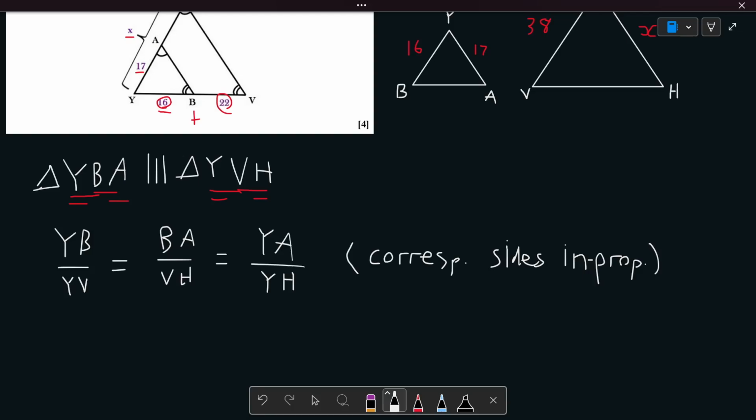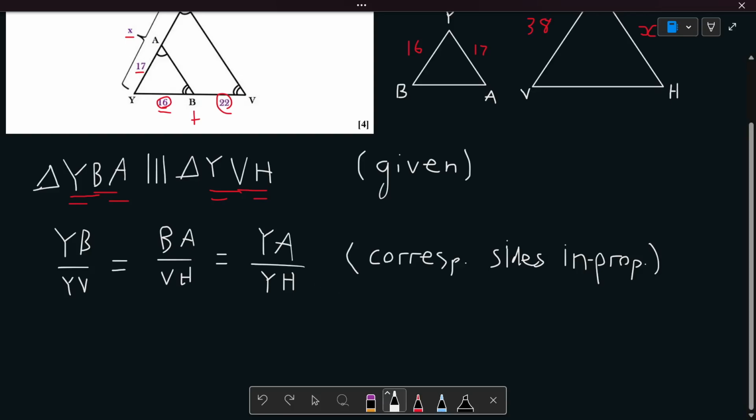But what we are actually supposed to write over here is that it was given to us. I just got them mixed up over here. Remember that they told us that these are similar. So therefore they gave us this information that those two triangles are similar. And then the reason for these equal ratios is corresponding sides are in proportion. We use that reason in order to actually determine this exact statement over there.